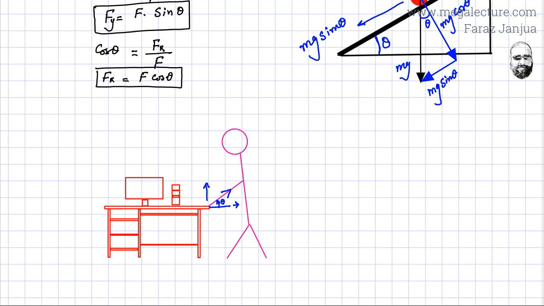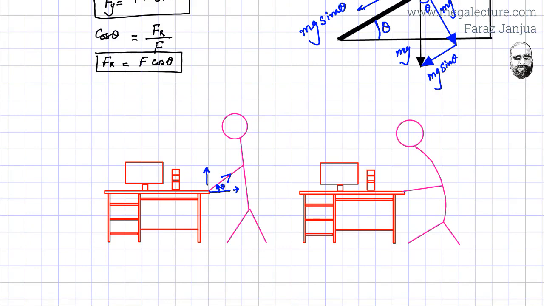So we change our gesture a little bit. Instead of standing like this, what we do is we bend ourselves. We do this, and when we cannot pull the object, you see there is a change in our posture.